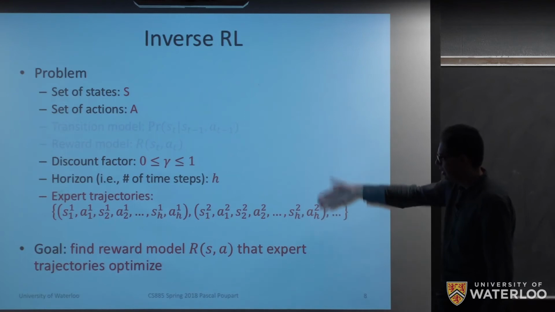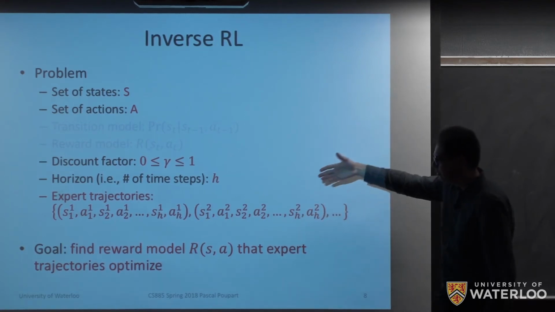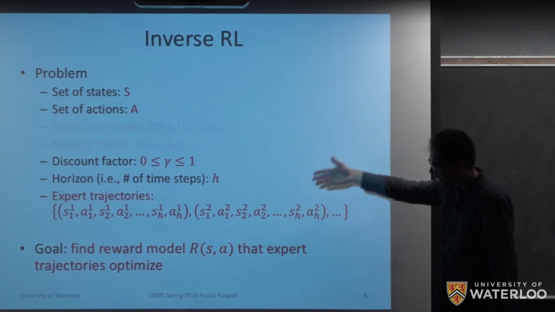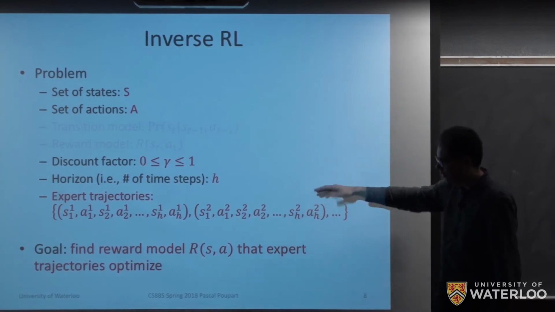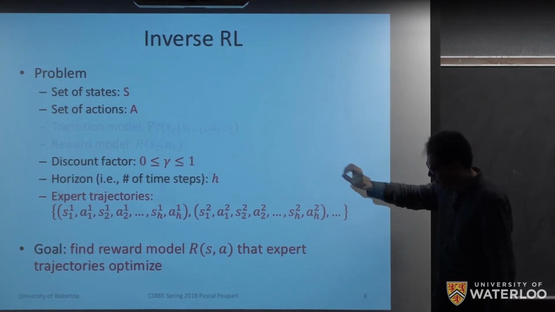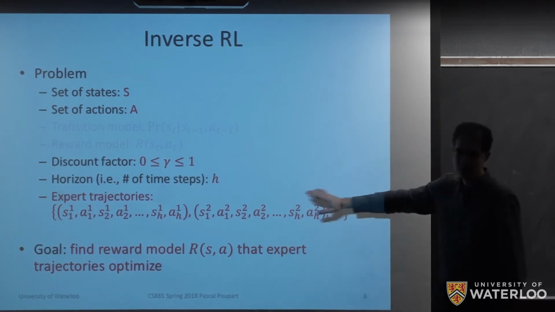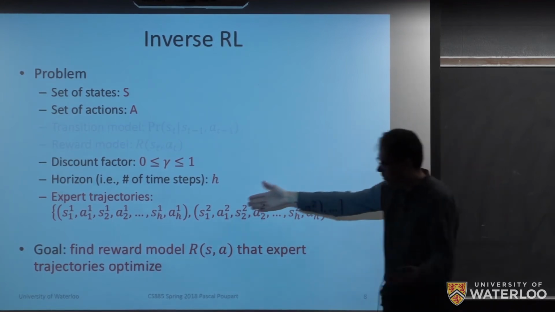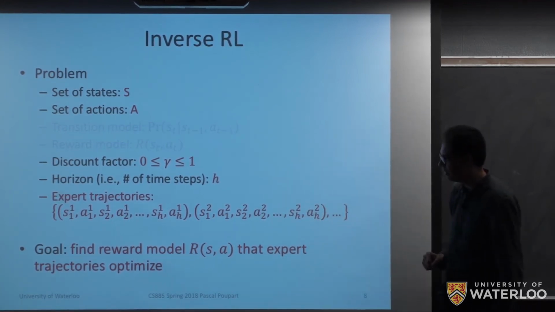Okay, so here you see we're not assuming that we know the optimal policy. We just assume that we have a sequence of state action pairs that correspond to presumably a good policy that comes from an expert. And there's lots of situations like what we discussed before where we can obtain those.